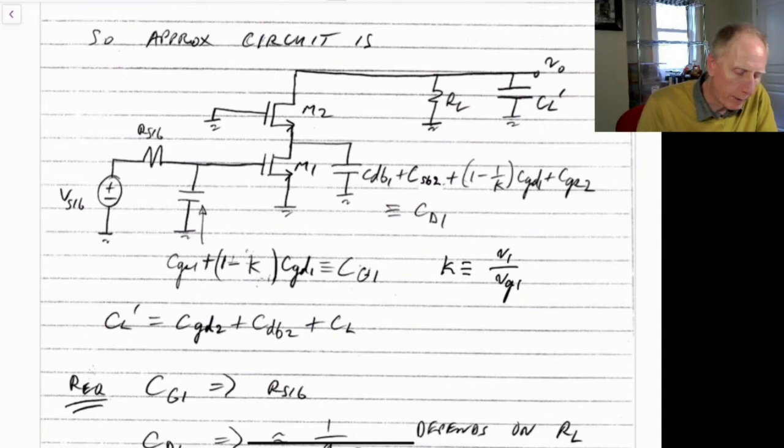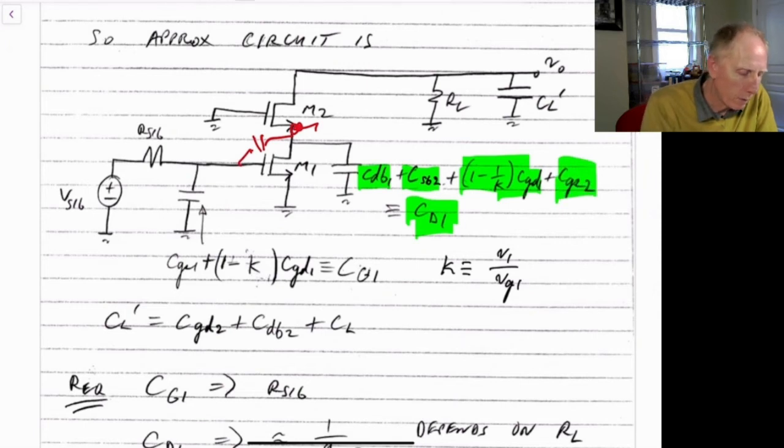Going to the next one, we have C drain of 1, which will be the drain to bulk capacitance of M1, plus the source to bulk of M2, so plus this capacitance here to the bulk connection, or to ground, plus (1 minus 1 over K) times C gate to drain of 1, so it's the Miller effect for the gate to drain here, and plus C gate to source of 2, which is the capacitance over here, and that's connected to ground on one side.